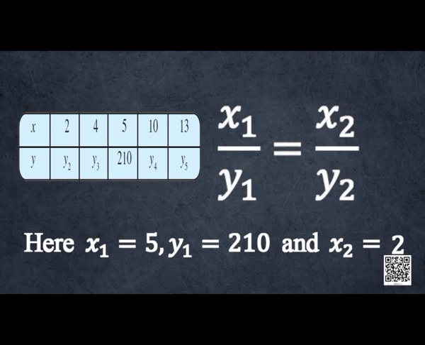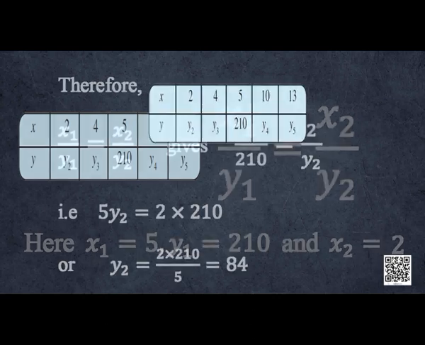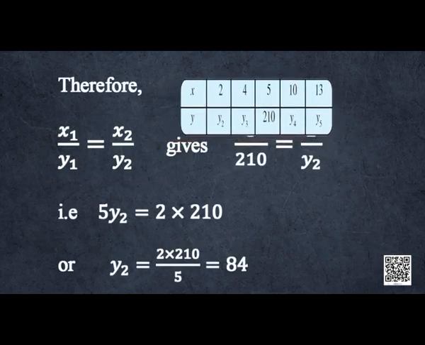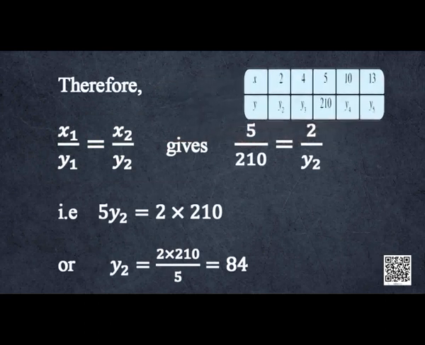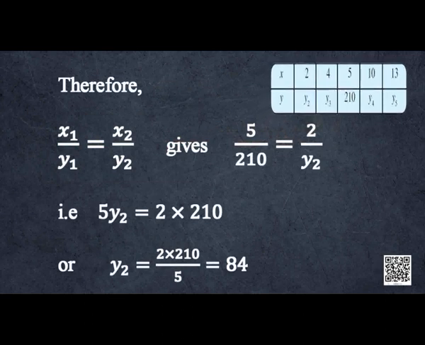In the first case, x1 is equal to 5, y1 is equal to 210 and x2 is equal to 2. Therefore, substituting these values in our equation, we will get x1 by y1 is equal to x2 by y2, which gives 5 by 210 equal to 2 divided by y2.